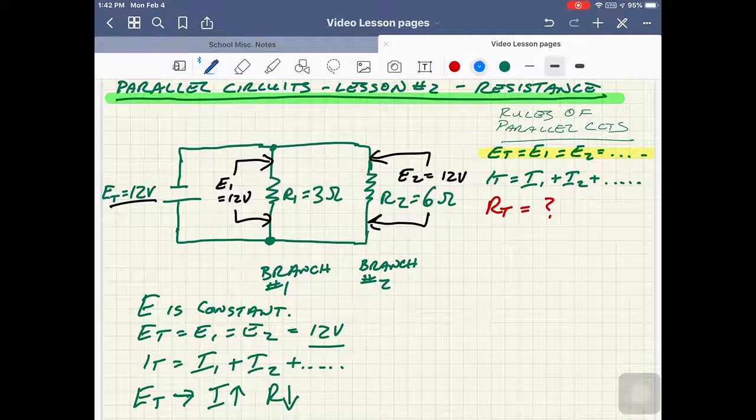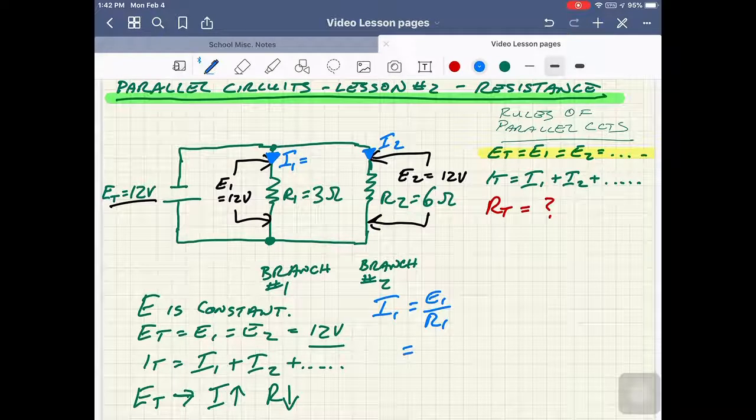So before we get to that, let's solve for the individual current flows in each branch using Ohm's law. So I1 we will solve here, I2 over here, and we use simple Ohm's law using the values from the same part of the circuit. 12 divided by 3 ohms for R1, and we got a current flow of 4 amps through there.